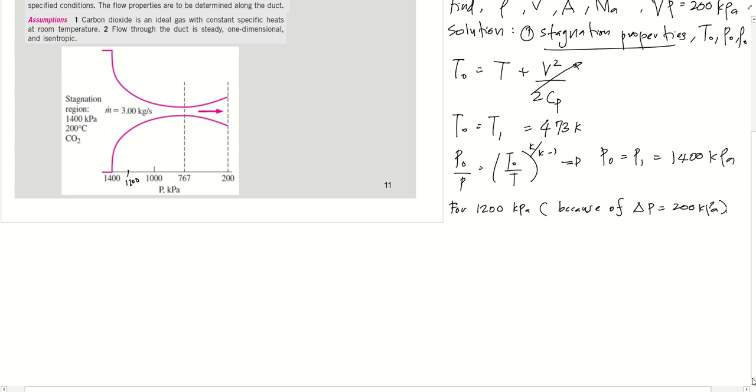So for 1200 kilopascal, we can determine the temperature. To find that temperature, we use the same equation, since we have T0, we have P0, and then we have P. Now we can determine the temperature.